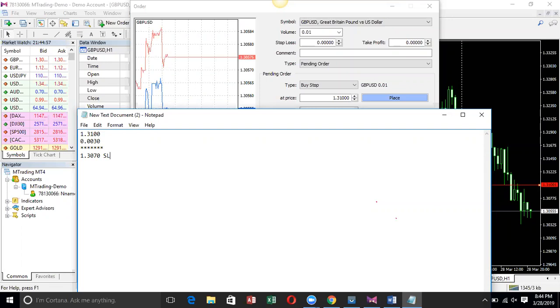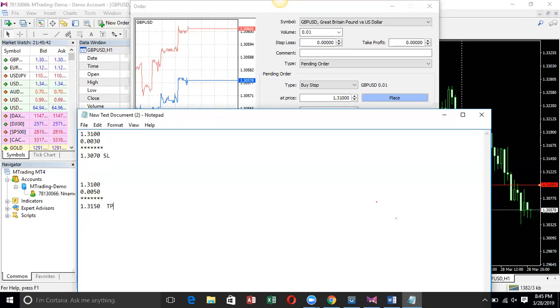Then let's work out our take profits. Let's use 50 pips, for example, to work out our take profits. So in this case, we'll be adding. We will have 1.3150. This is our TP.